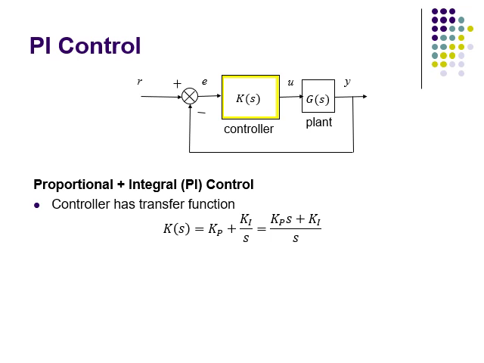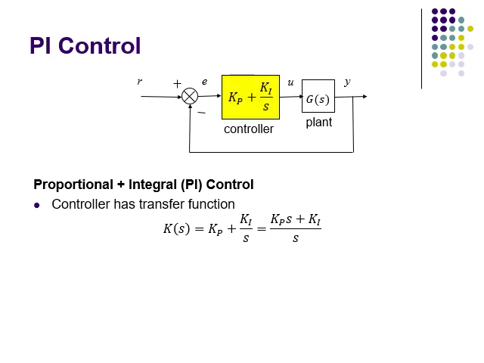So we can combine the two terms to get a fractional transfer function, and you can see that the key thing here is that the controller transfer function, the denominator contains an S on its own, and the numerator has a term Kp times S plus Ki.